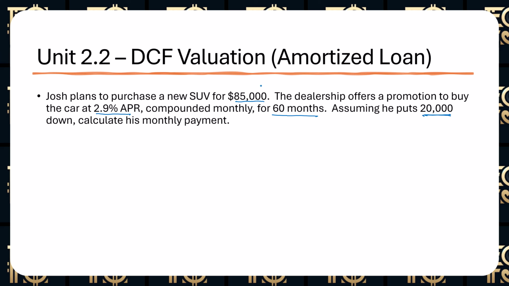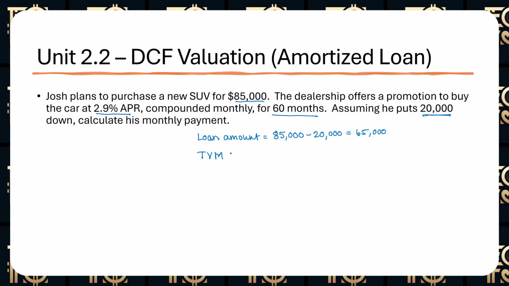Assuming this $85,000 is his out-the-door number, the loan amount will equal his out-the-door number, tax, title, and license, minus his down payment, and he will take a loan for $65,000. That's the amount that he's going to borrow from the dealership under their promotional program.